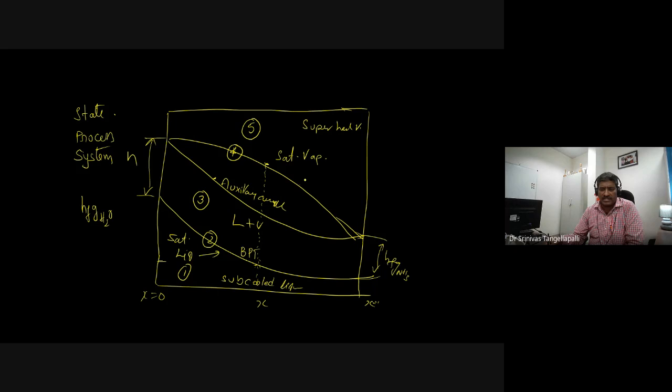This top one is related to the dew point temperature. Between the bubble point temperature and the dew point temperature, the phase change takes place. So it is the starting of the phase change.